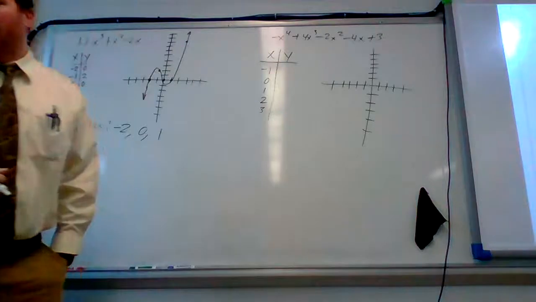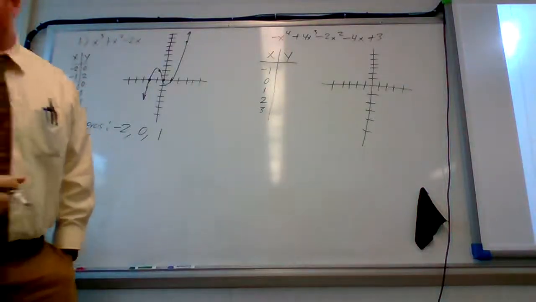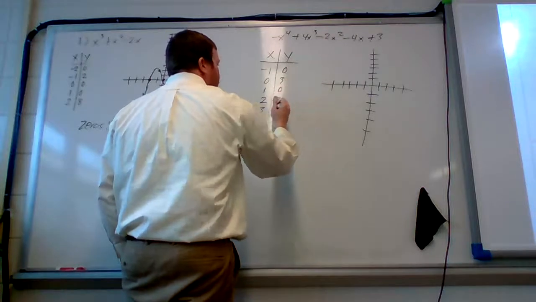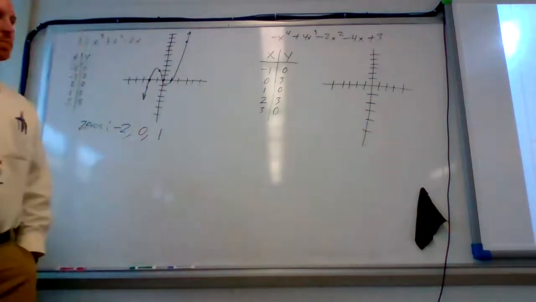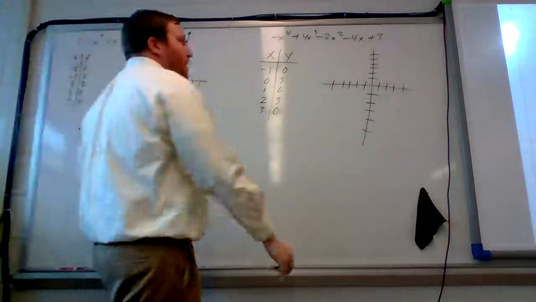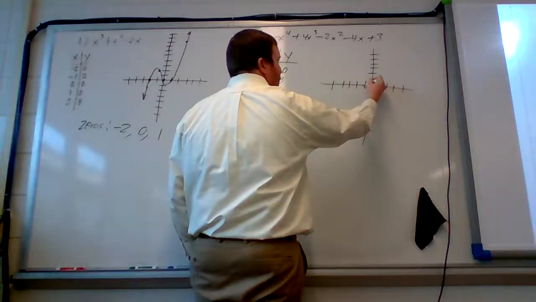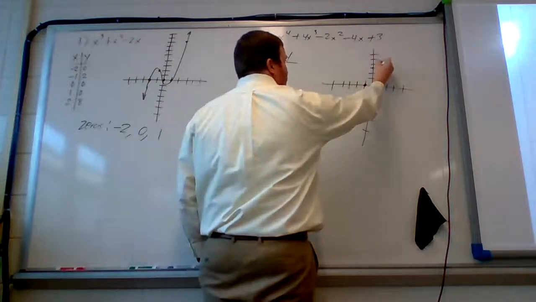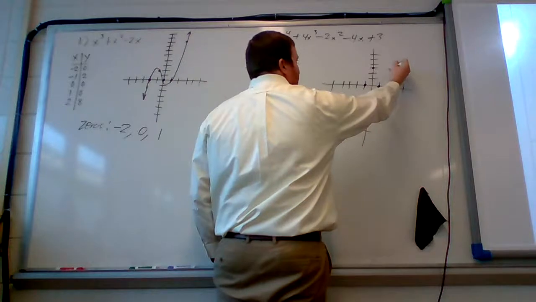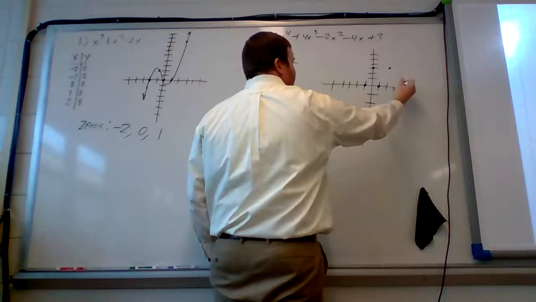And my Y values are 0, 3, 0, 3, 0. So when we plot those points, at -1 I'm at 0, at 0 I'm at 3, at 1 I'm back at 0, at 2 I'm at 3, and at 3 I'm back at 0.